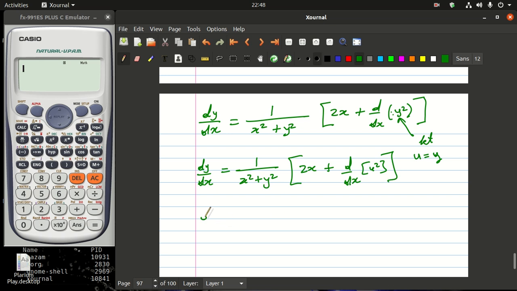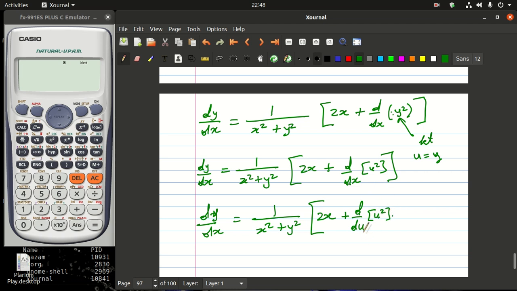And if you look into this, the left hand side is still dy dx, and on the right hand side I have 1 over x squared plus y squared. On the inside, I still have that 2x, and then here I have a u inside and I have an x. I can't take the derivative of u with respect to x. That is why I have to take the derivative with respect to u first of this u squared.